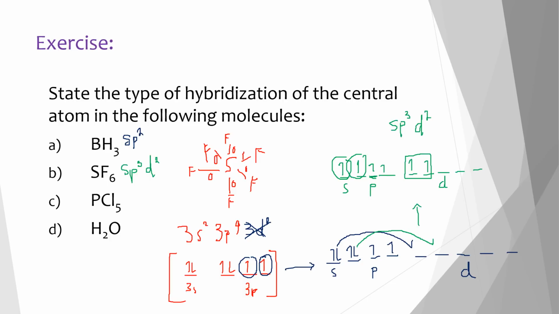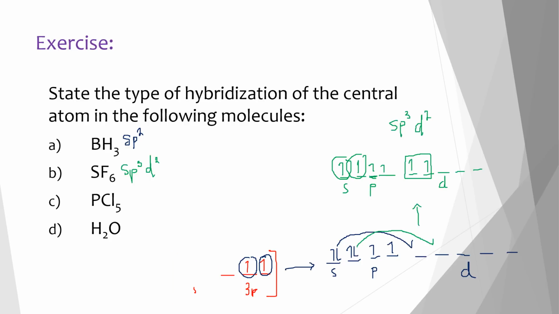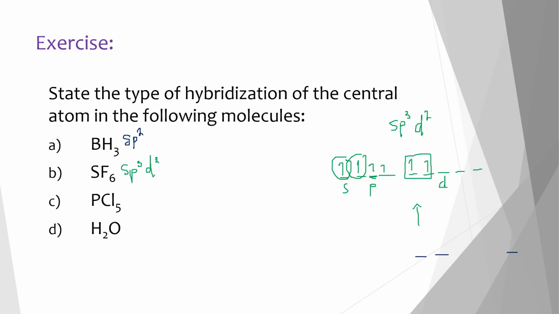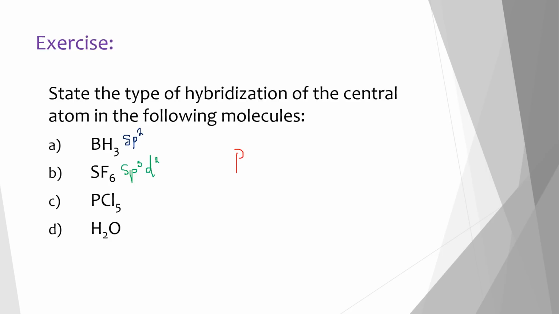Okay, so next we will do PCl5. For PCl5, the first thing you can do is always draw the Lewis structure first.